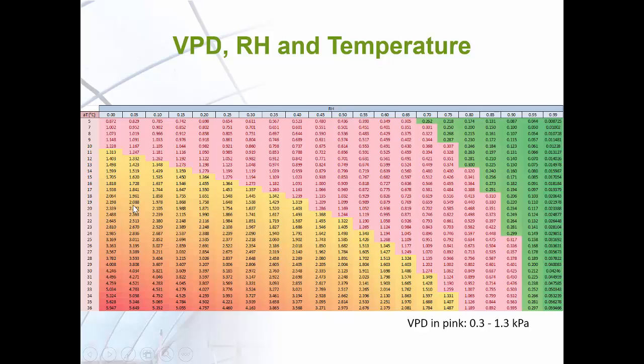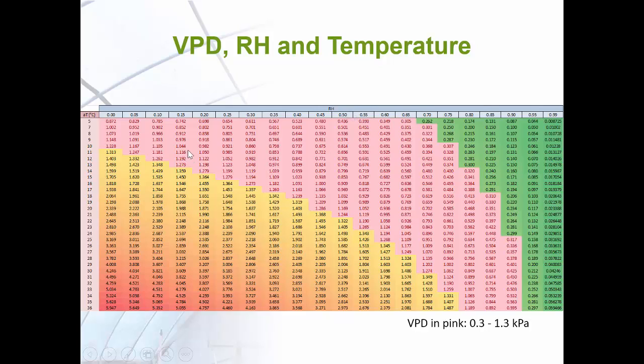This table shows the relationship between vapor pressure deficit and relative humidity and air temperature. As you can see here, this column represents the air temperature, and the columns here show the relative humidity from 0 to 99%, and in the table the vapor pressure deficit is presented at different combinations of air temperature and relative humidity.